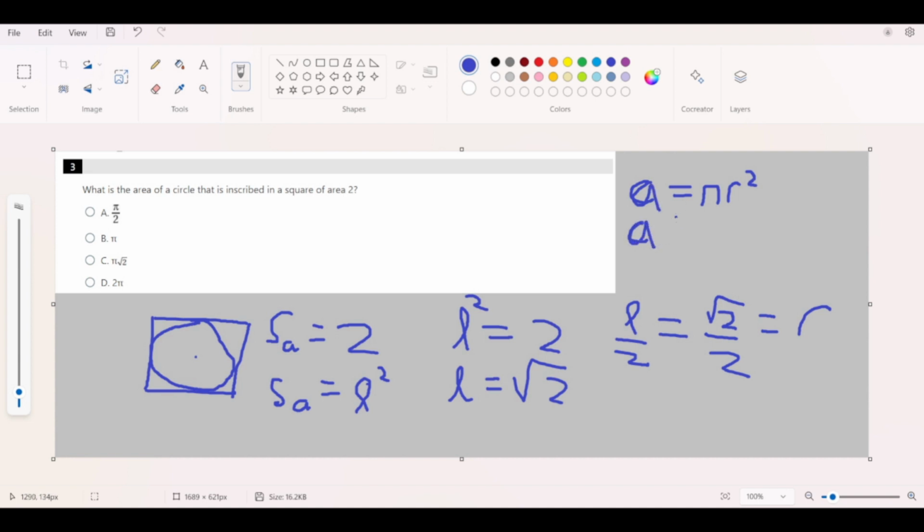Area equals pi r squared, which means pi times root 2 over 2 squared, which means A equals pi over 2.